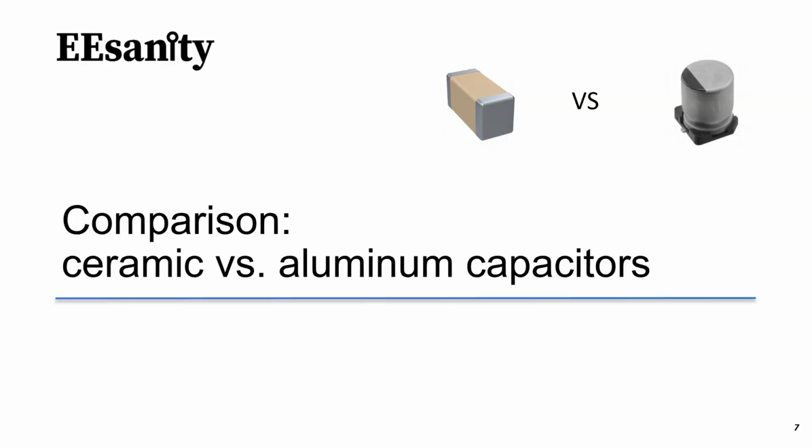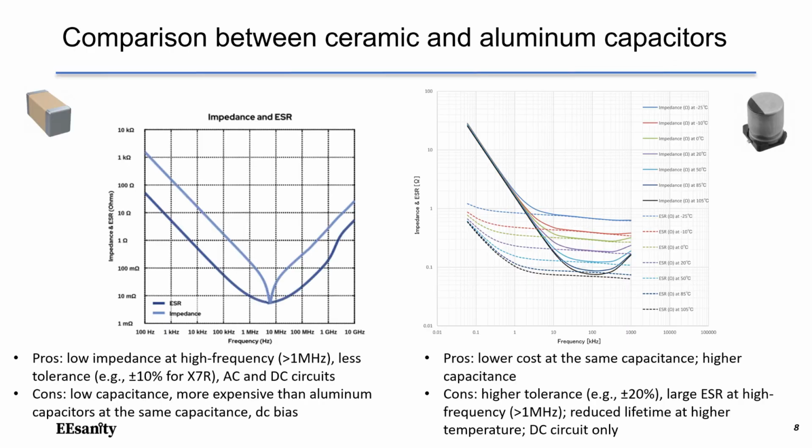Now let's have a comparison between ceramic capacitor and aluminum capacitor. We know these two curves from previous lectures. On the left-hand side, we have the impedance curve and ESR curve for ceramic. On the right-hand side, this is for aluminum electrolytic capacitor. The advantage of ceramic is it has lower impedance at higher frequency, for example, over 1 MHz.